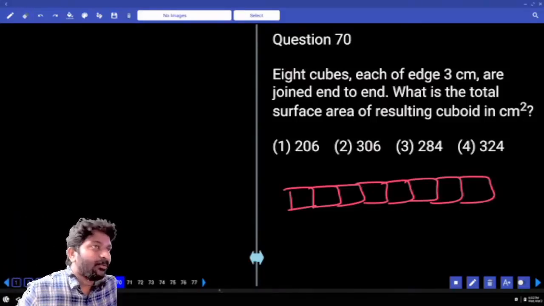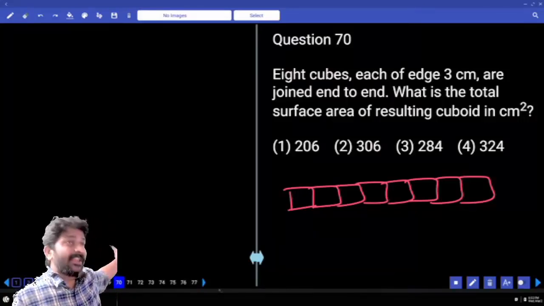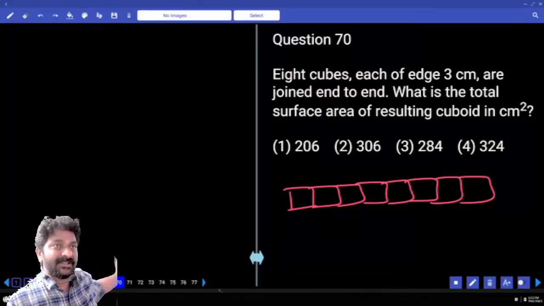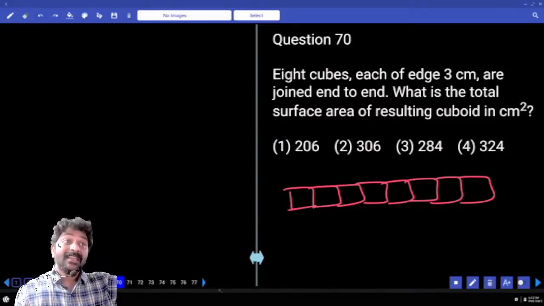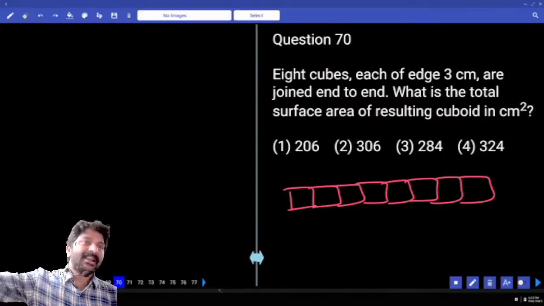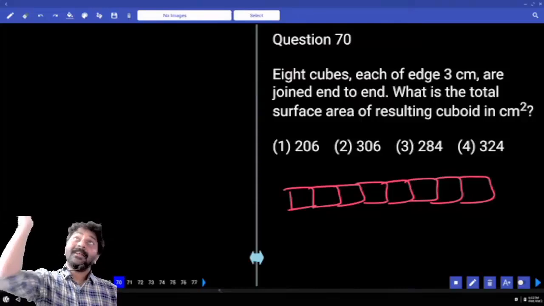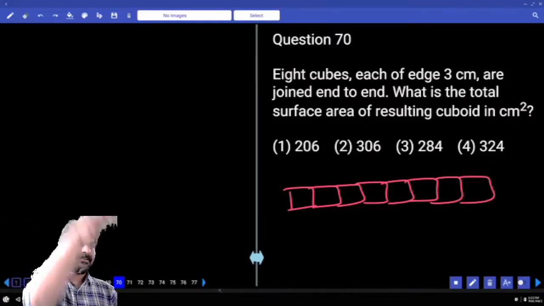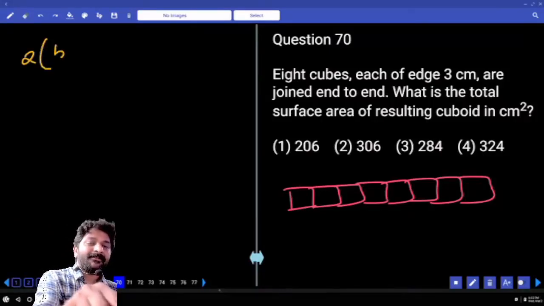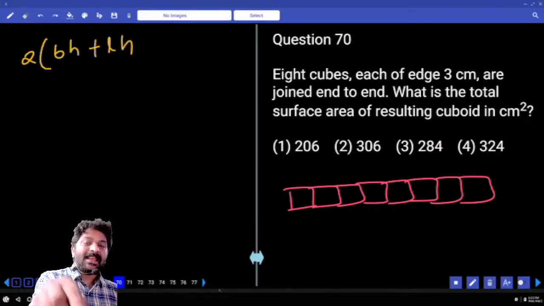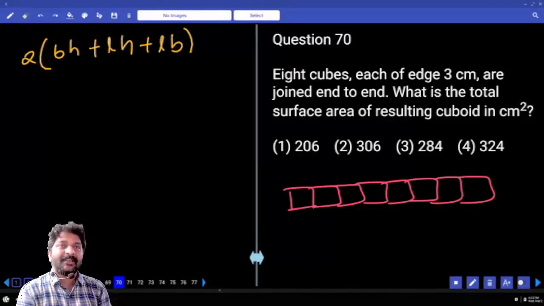Breadth. What is this? Length. And this one? So the area of this wall is BH. Other one? BH. Left side? LH. This side also? LH. Top? Length into breadth. Bottom also? Length into breadth. That means 2 times of BH, LH, LB. This is the total surface area of the cuboid.